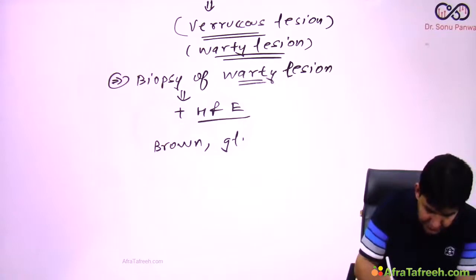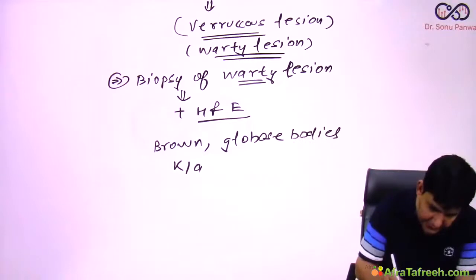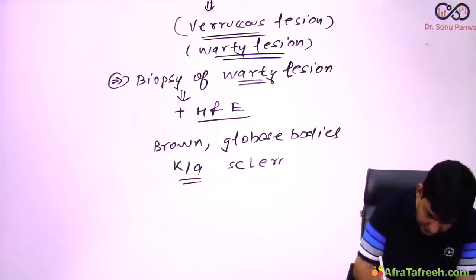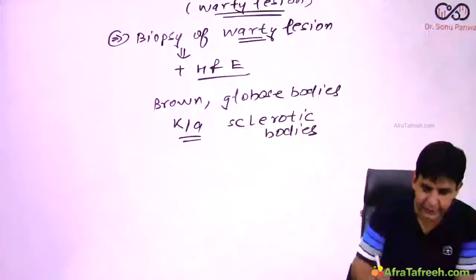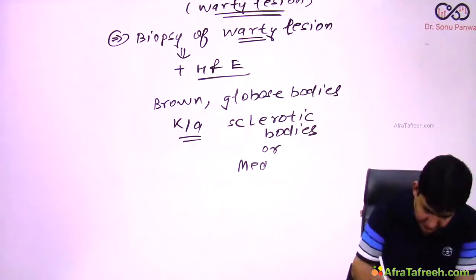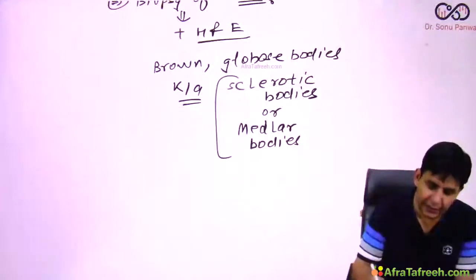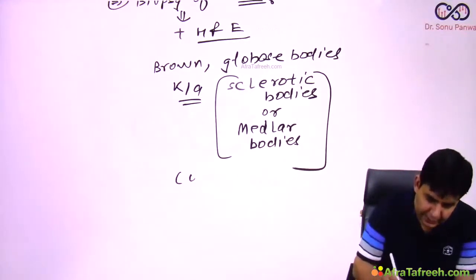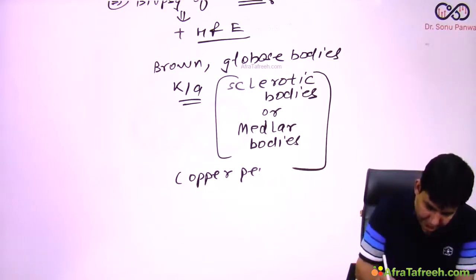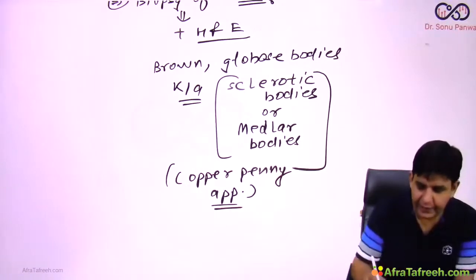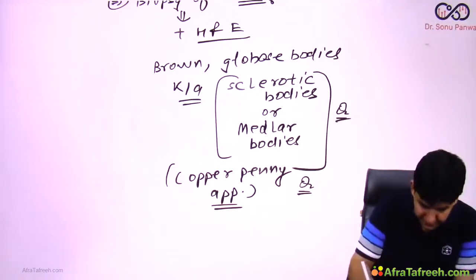They are brown globose bodies called sclerotic bodies or medlar bodies, and these look like a copper penny appearance. Okay, they have a copper penny appearance.